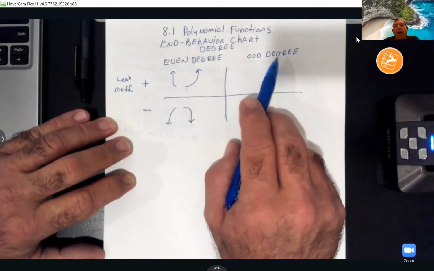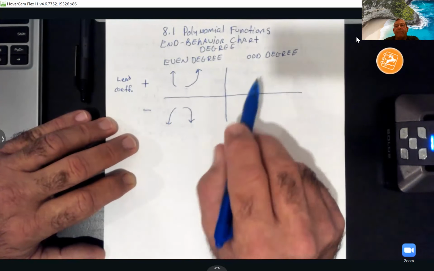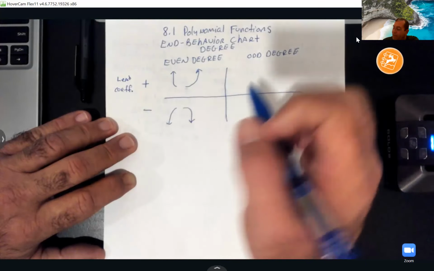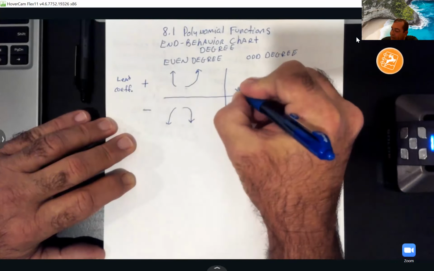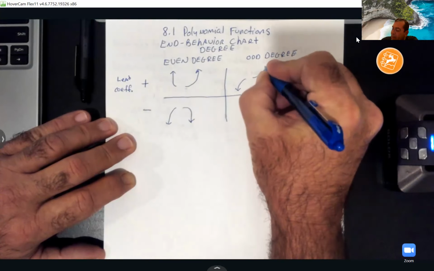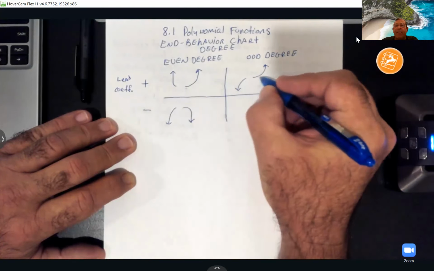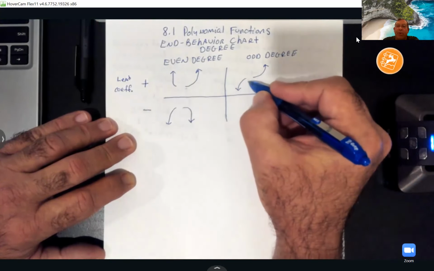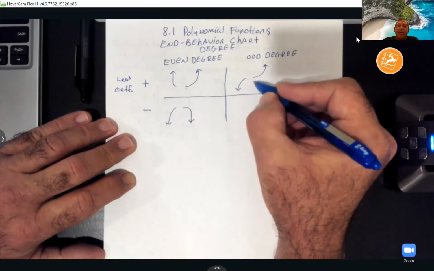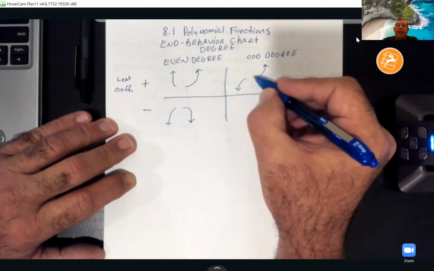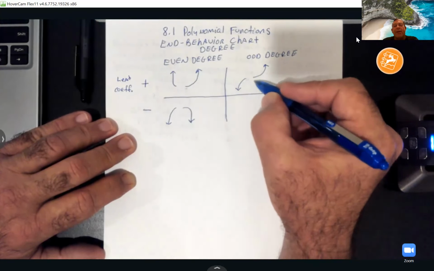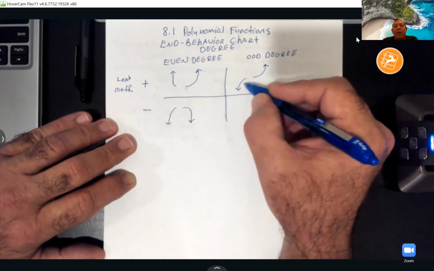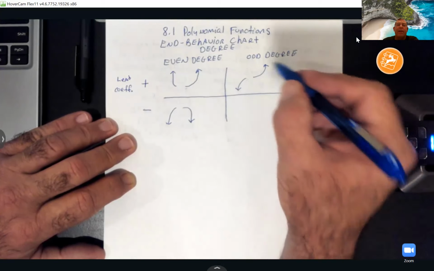So then we look at the odd degree. So y'all, if it's odd with a positive lead coefficient, that graph is going to go uphill, left to right. And once again, depending on the degree, determines how many turns it's doing inside that. But in the long picture, it's going to go uphill, left to right.